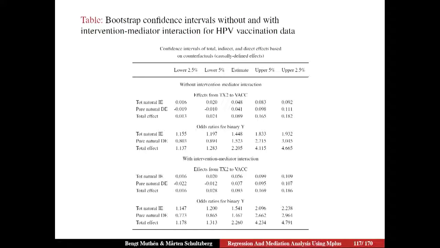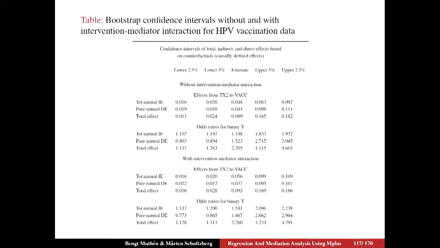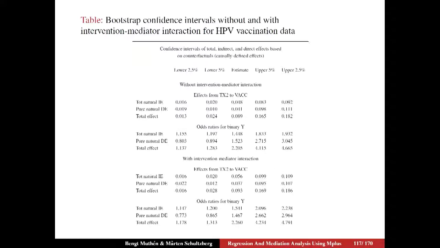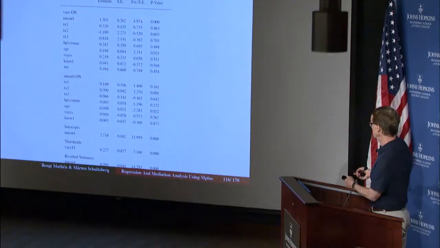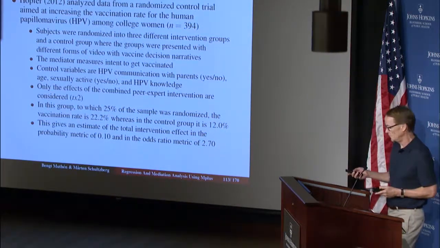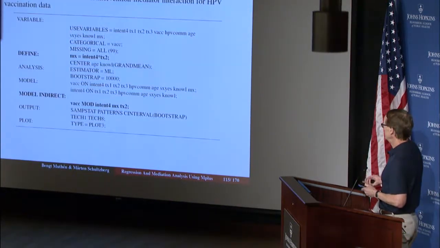This is further away from 1, so it's a bigger effect. So letting the intervention variable interact with the mediator gives you results that you probably will be happier with, even though the interaction wasn't significant. The sample size here, what was it? 394, which is still a little bit too low to find perhaps significant interaction effects.